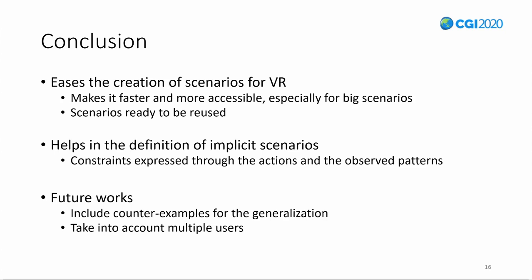Of course, this work can still be improved. For instance, future works can include taking into account counter examples for the scenarios to explain constraints that should not be possible in the scenario. And it could also be improved by taking into account actions that include multiple users.